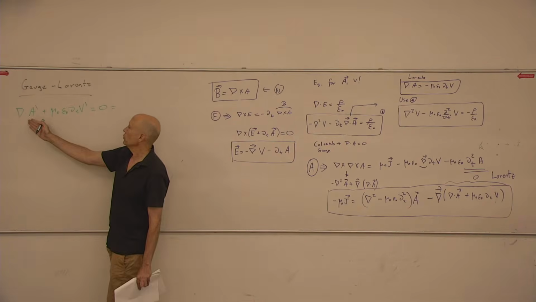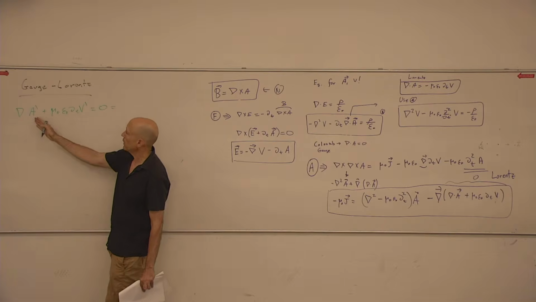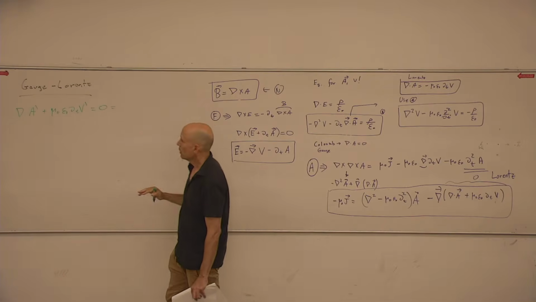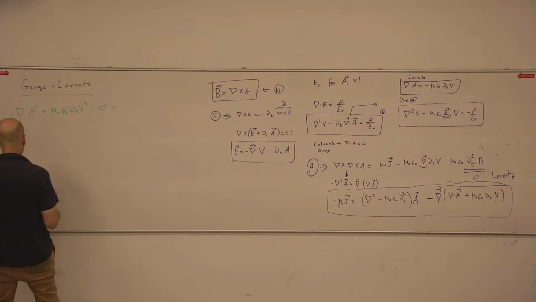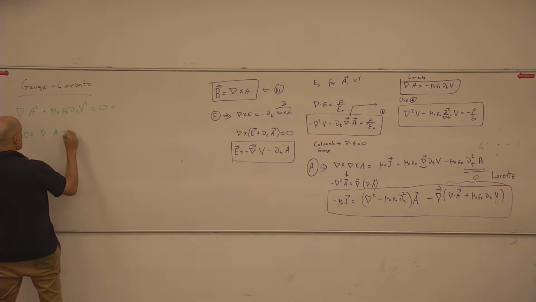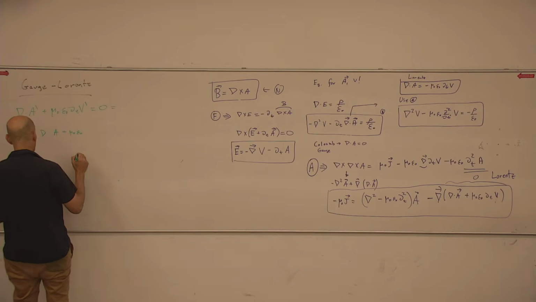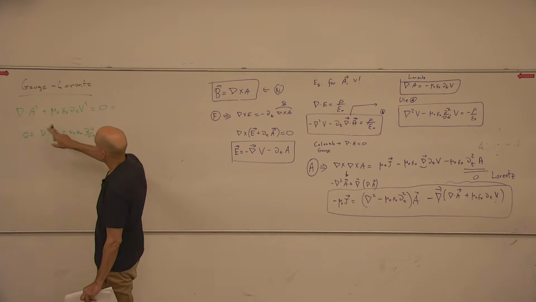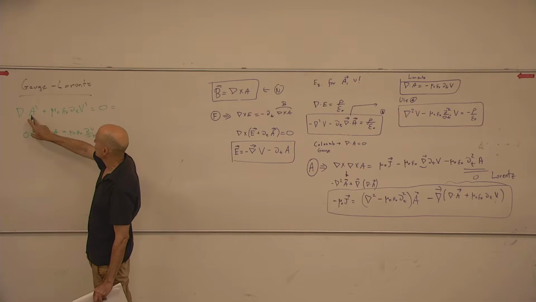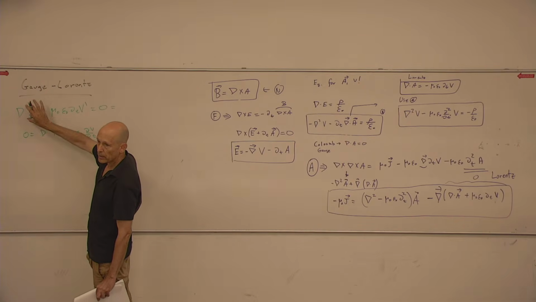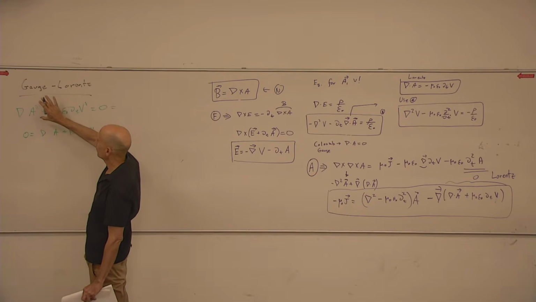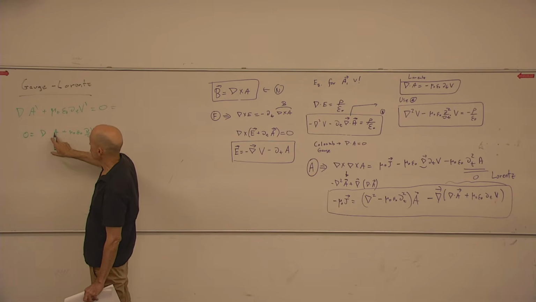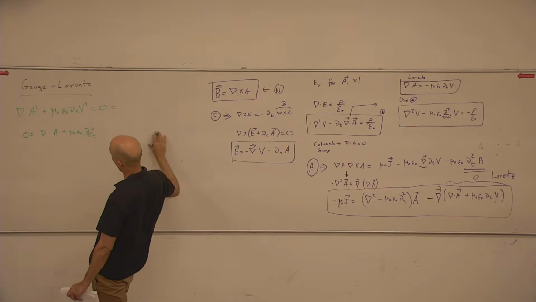Now I'm going to plug into this one and this one: I'm going to plug A and the function lambda. That's all, which are general solutions. So this 0 is also equal to div A plus mu0 epsilon0 dV dt. So what am I doing here? Remember, A prime is A plus some derivative of lambda. So you see here I just use the first term, and here I use the first term, and now there are correction terms.